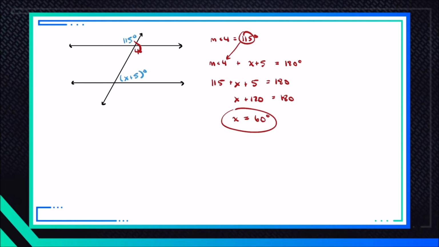If we want to do another very similar scenario about finding the value of x, we can go ahead and do that right quick. Let's go ahead and draw these just a little bit closer together for example's sake. That will turn into a line. There we go.